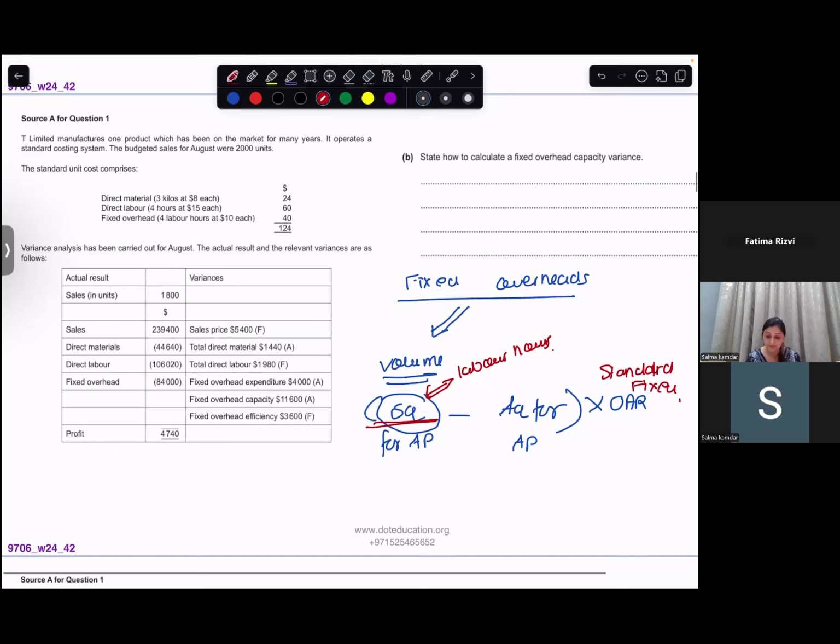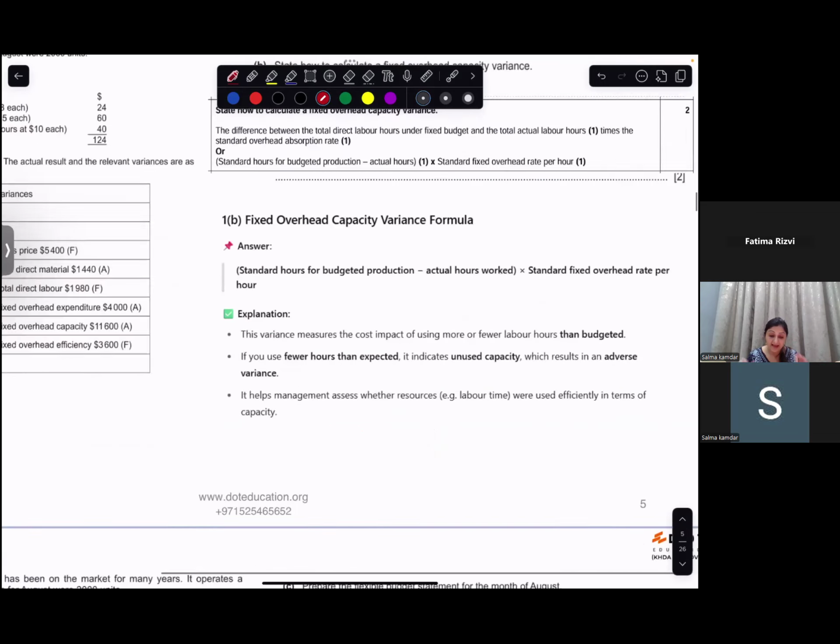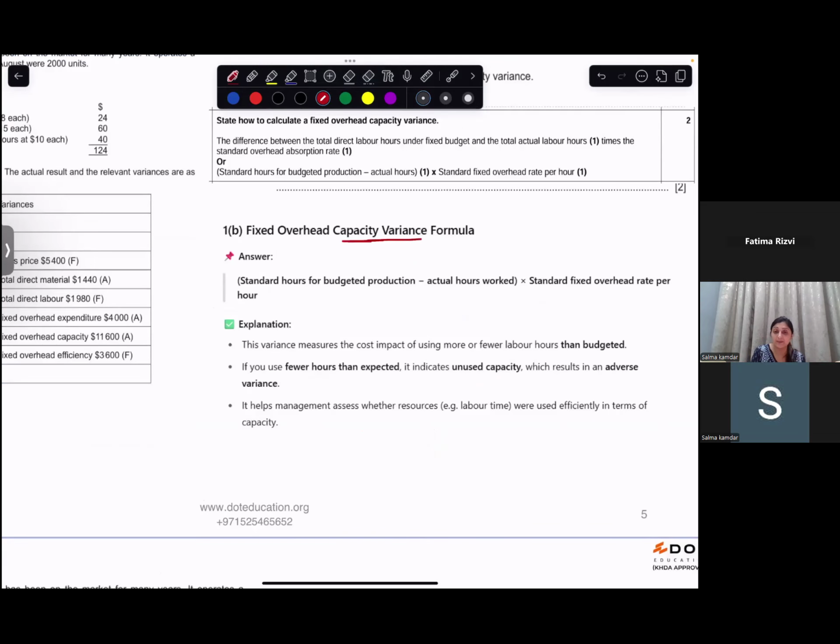So when I am talking about the capacity variance, it is the same as calculating the fixed overhead volume variance.